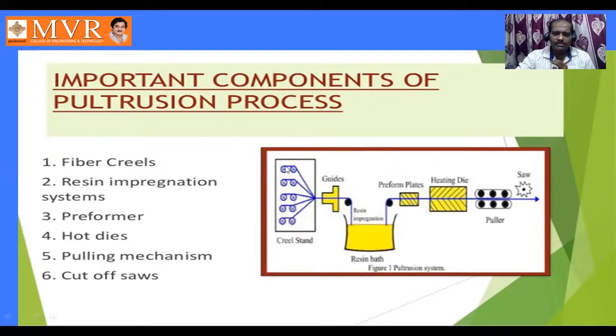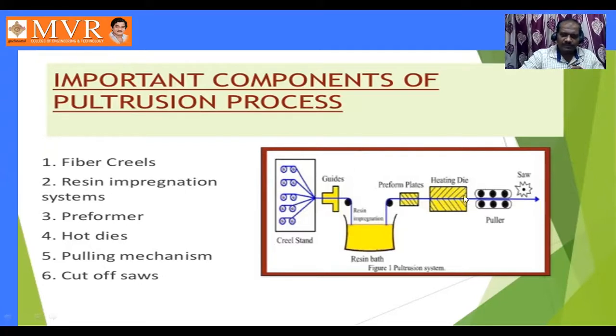So the total process is broadly divided into 6 sections. One is fiber serials. This is one part. Resin impregnation system is another part. Preformer is another part. Hot dies, which are going to evaporate the wet content.